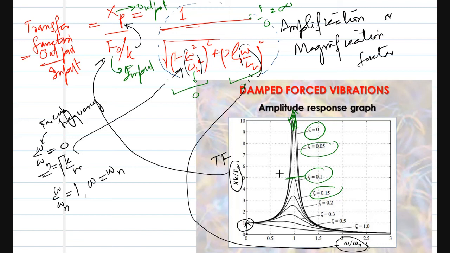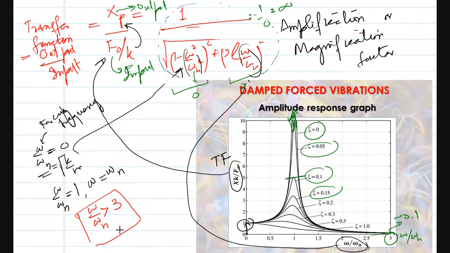But if you look at this response, when omega over omega n is equal to 3, the amplitude is very small, on the order of 0.1. This indicates that even with little damping or no damping, if you keep omega over omega n greater than 3, you have a very small amplitude of vibration.